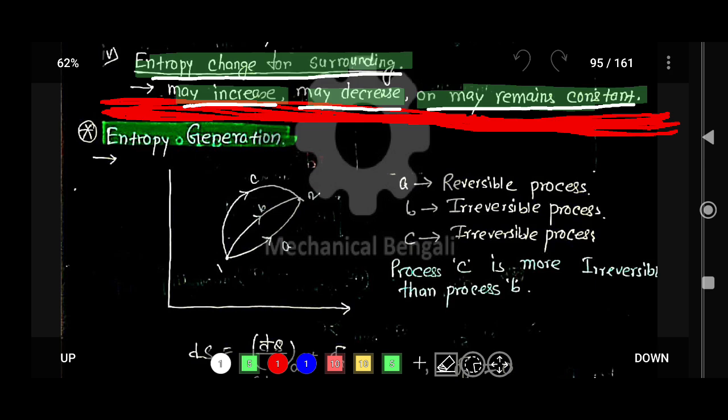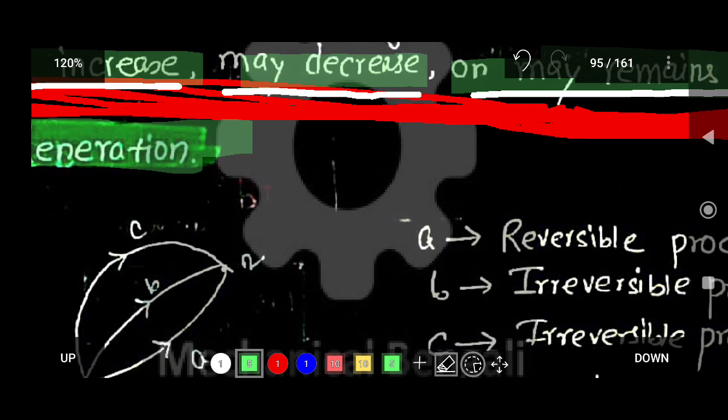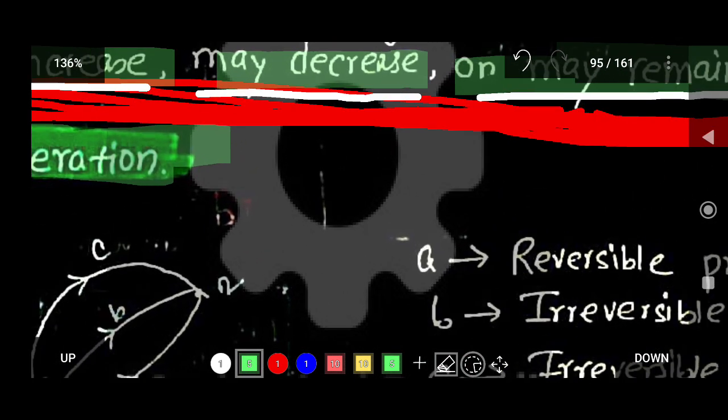So today's topic is entropy generation. In the last lecture we covered the reversible process.